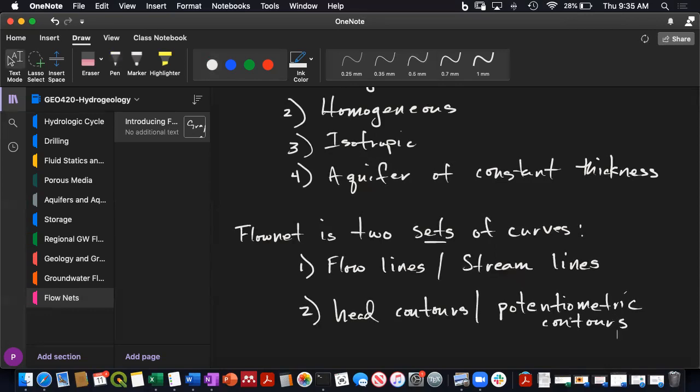So two sets of lines, streamlines and potentiometric or head contours.